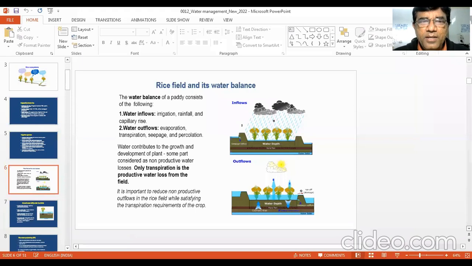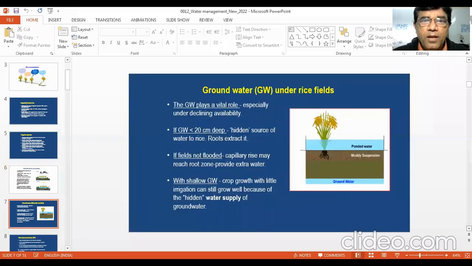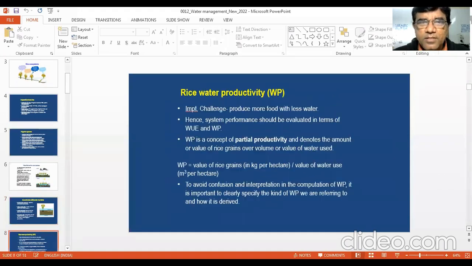And inputs are mainly irrigation, rainfall, and capillary rise, where the water table is very shallow. And water outflows or losses were evaporation, transpiration, seepage, and percolation. And we have seen the contribution of capillary rise in some cases.